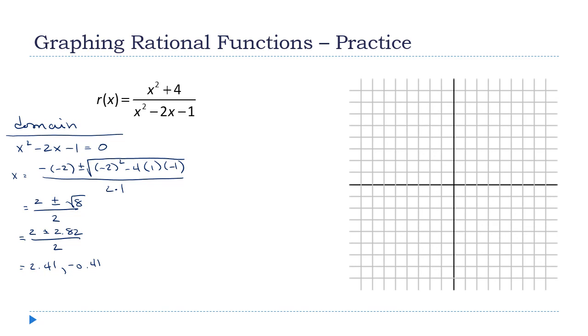All right, so let me put those in here. I'm going to go 2.41. That's just about 2.5. So there's my first asymptote. And the second one is really close to negative 1/2. So I'm going to put that more or less right in the middle.